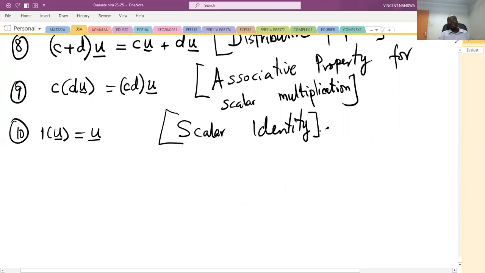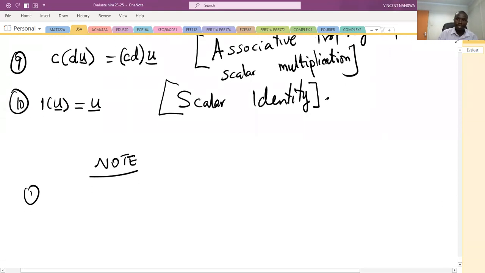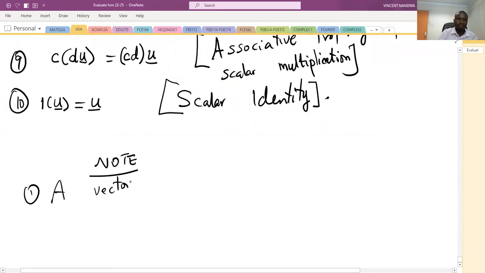So to define a vector space, then you have to list these 10 properties. And just as a note, number 1, a vector space is defined by 4 entities.